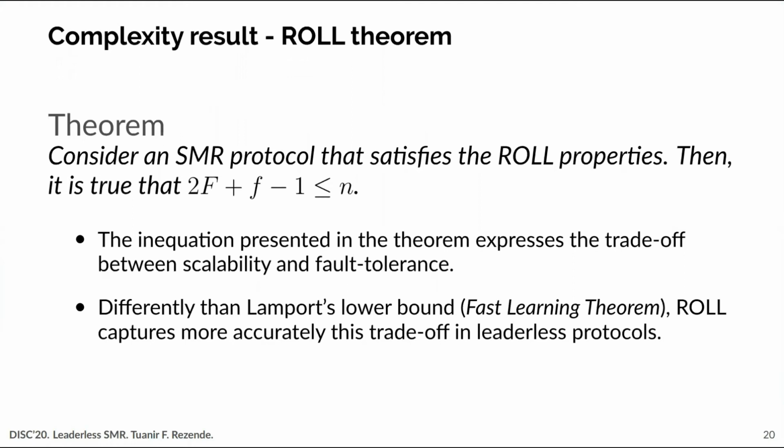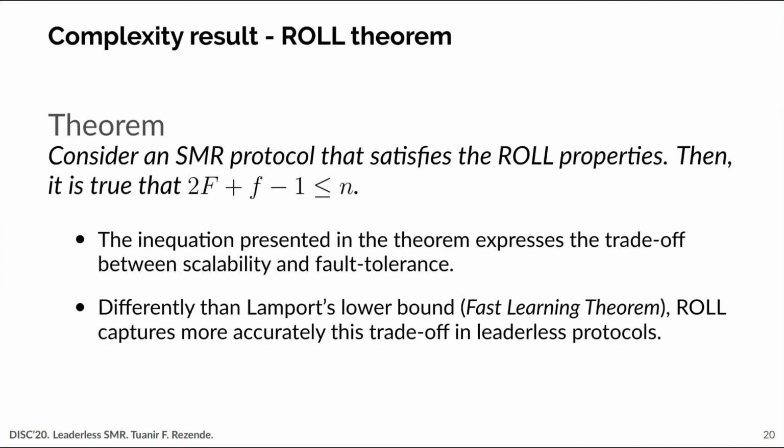Now, knowing all the properties we've proposed, I'll present another contribution from our paper, which is a complexity result. It's called the role theorem, which says that, considering an SMR protocol that satisfies the role properties, then it is true that 2 times big F plus F minus 1 is smaller or equal to n. The inequation presented in the theorem expresses the trade-off between scalability and fault tolerance.